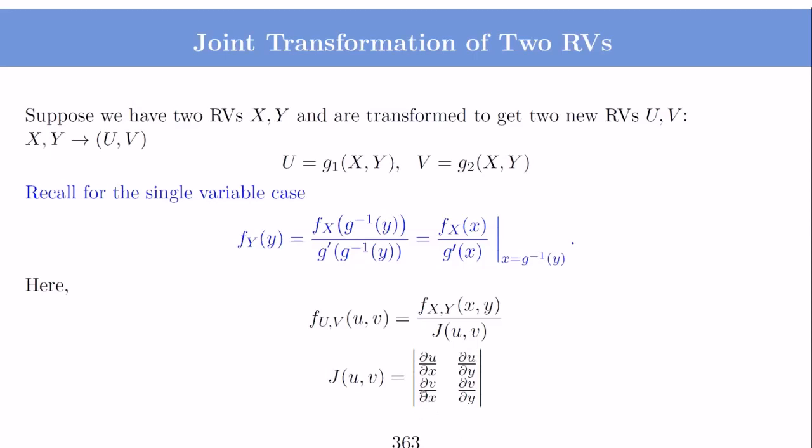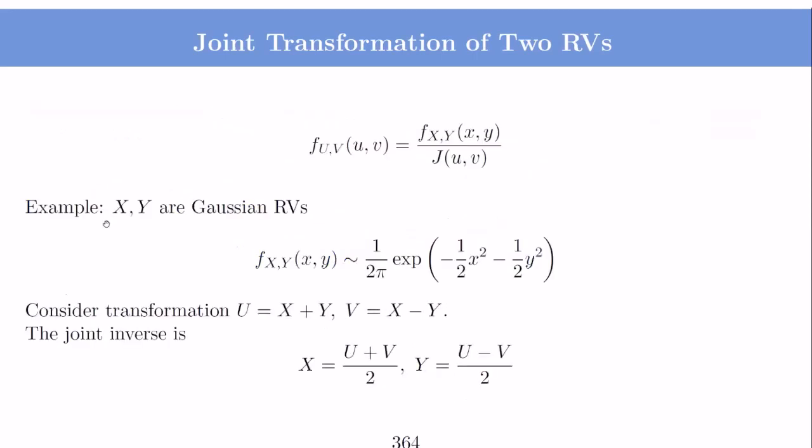We compute this and then we compute the determinant of it. That will be the Jacobian. Remember that this actually goes to the original formula if there is only one random variable. In that case, there will be only one term left here, del u by del x, which is the same as g dash x.